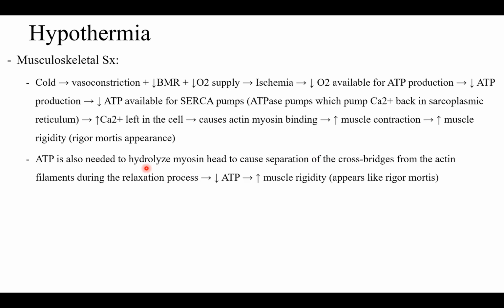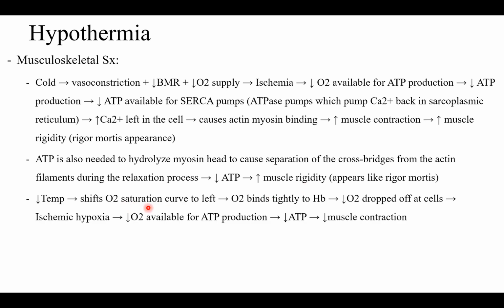ATP, as you may recall, is needed to hydrolyze the myosin head to cause separation of cross bridges from actin filaments during the relaxation process, and you have decreased ATP in hypothermia, and that also causes muscle rigidity.